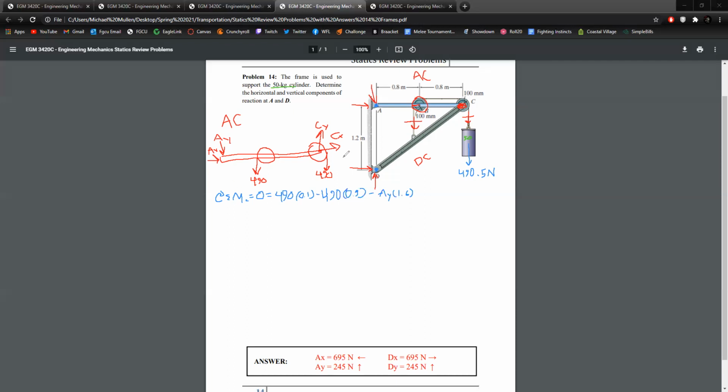And that's our entire moment equation for C, so we can go ahead and solve that and say AY equal to 245. And we get a negative answer for this. So we know that our assumed direction of down is incorrect. So it will actually be 245 newtons going up. This is the first piece of the answer we're looking for.